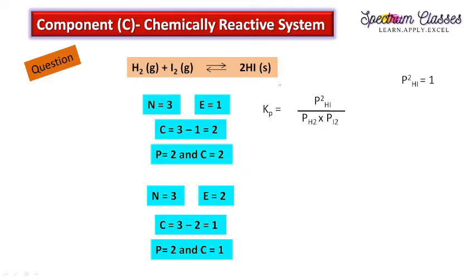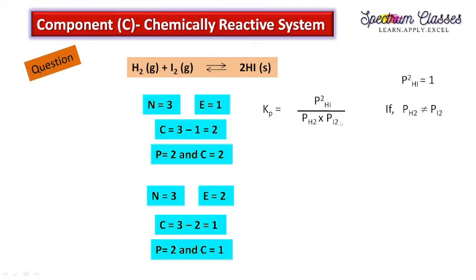If hydrogen iodide is in the solid form, then its partial pressure will be considered as 1, as I discussed in the previous slide. And if the condition is given that partial pressure of hydrogen is not equal to the partial pressure of iodine, then you just put all the values here. So this is 1, this is known to us. Out of these two, at least one value must be known to us.